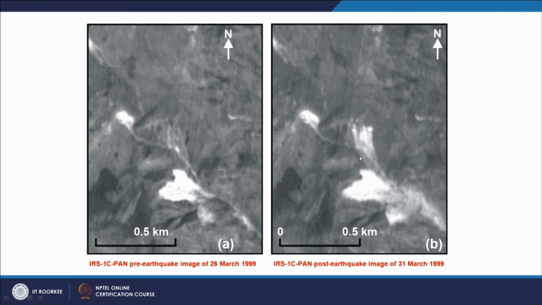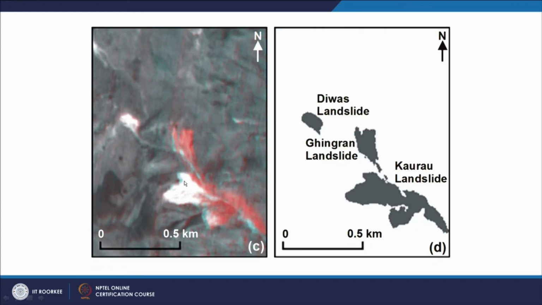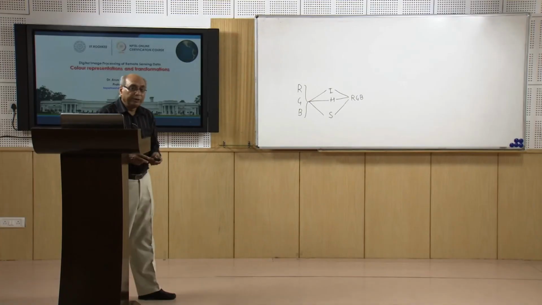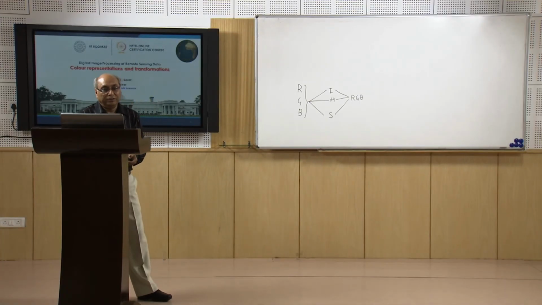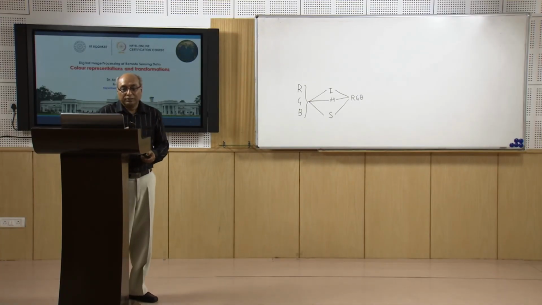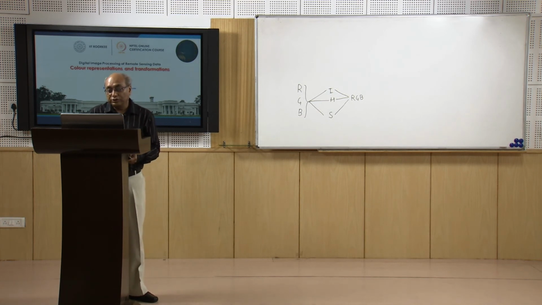Now it has enlarged. So these landslides have enlarged, and new ones have come. So this shows a very nice application of color space, creating a new product which is telling about the changes which have occurred in just 5 days.